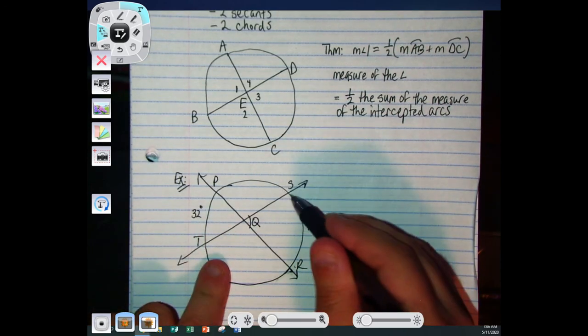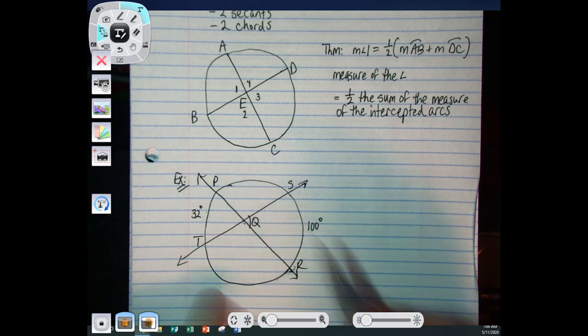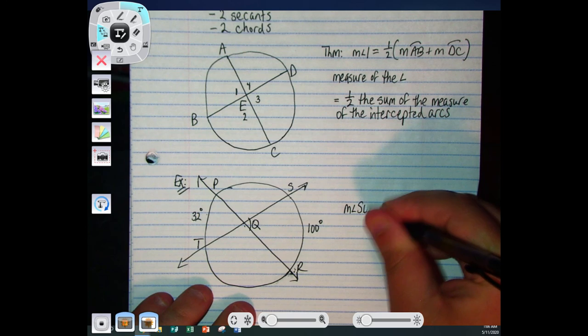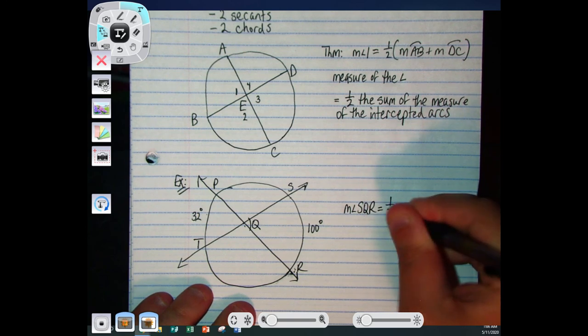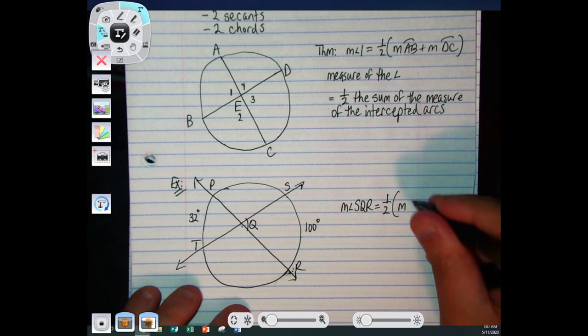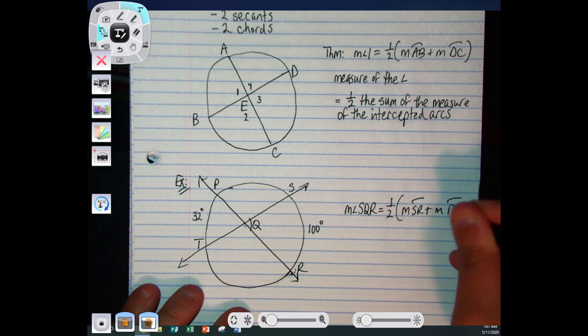To find the measure of angle SQR, we have to take half of these two intercepted arcs added together. So the measure of angle SQR is equal to half the sum of the measure of arc SR plus the measure of arc PT.